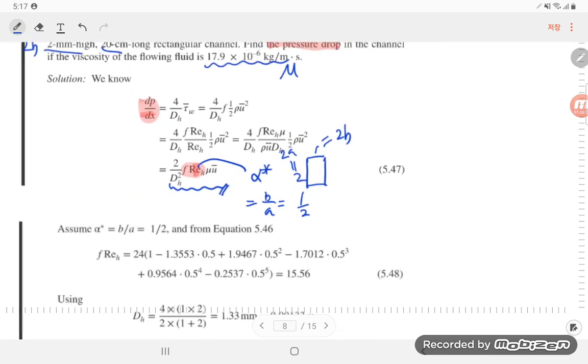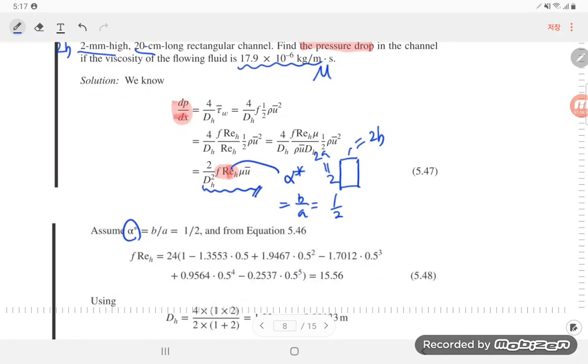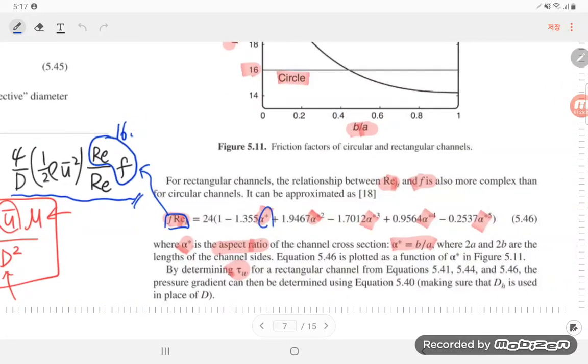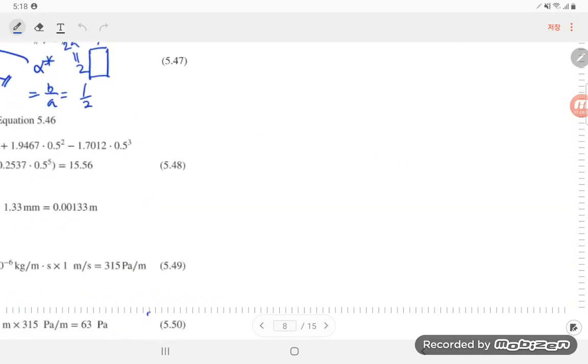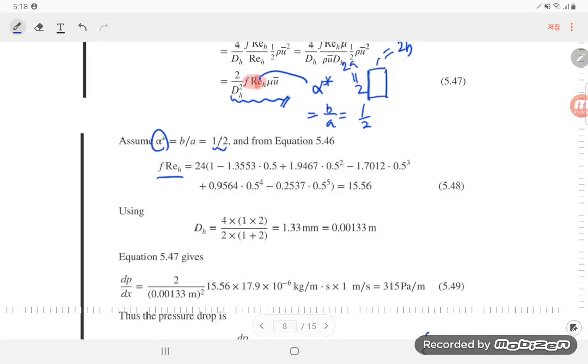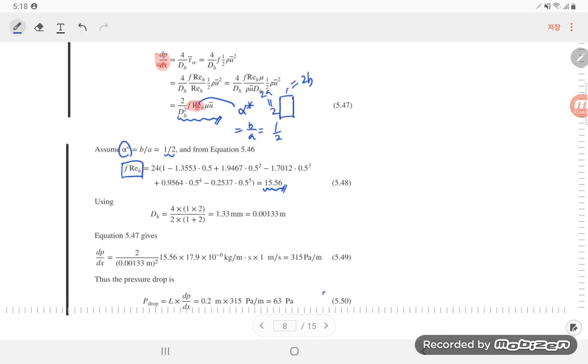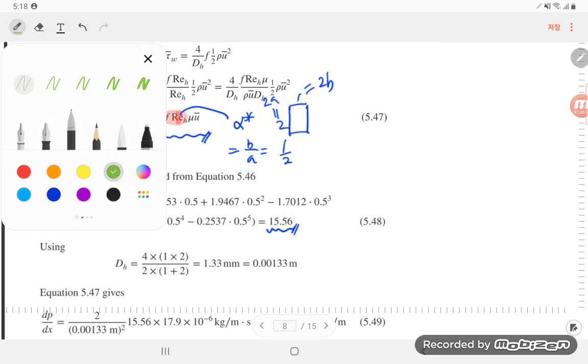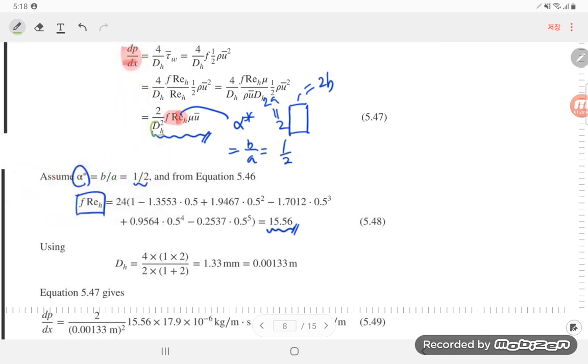And then we now know the alpha in here, and from the equation in here we can insert the alpha to obtain the f Reynolds. f Reynolds now is obtained as 15.56. And also we should know the variable dH.